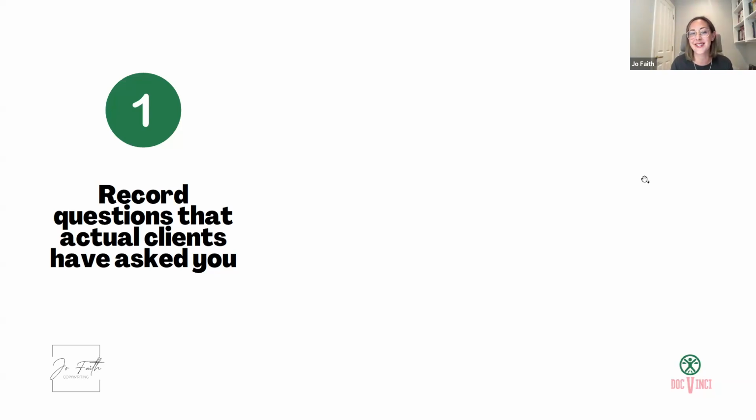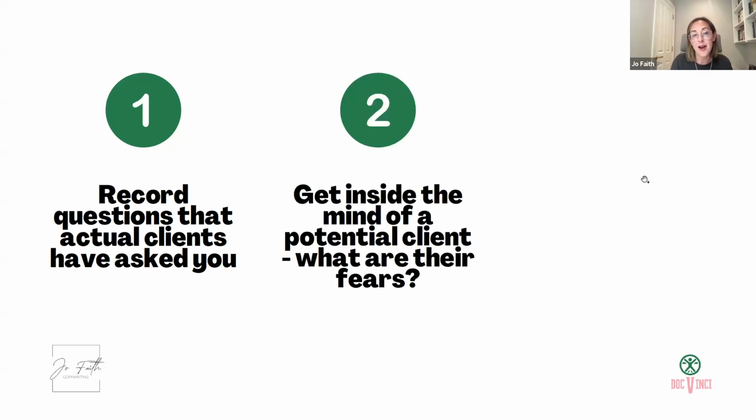And although it's just shaving minutes off your call time, if you add that up over a number of calls, you're saving yourself a substantial amount of time. So record the questions and include them in your FAQs, and think about what is stopping them.